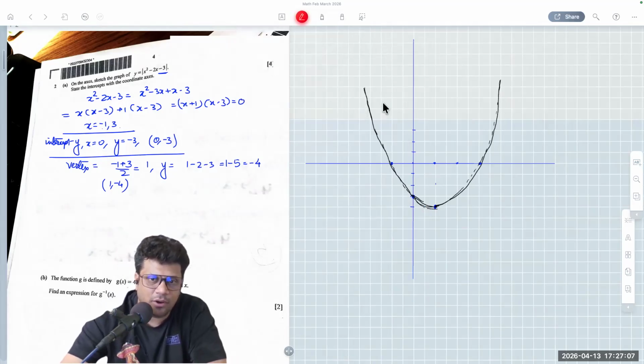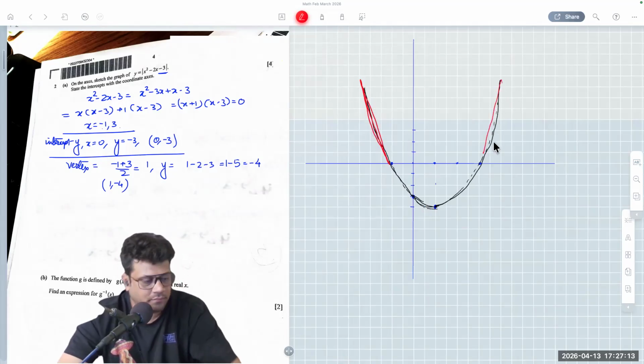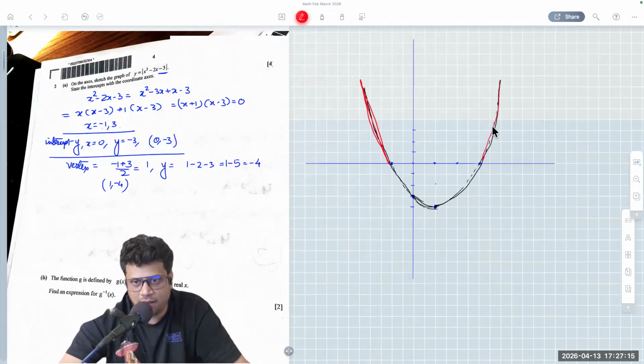If we bring in the mod, the actual sketch should be this part of it, this part of it, and then the 0 minus 3 becomes 0 3. So 1, 2, 3 there, and the 1 minus 4 becomes 1 4. So you are looking at something like this.